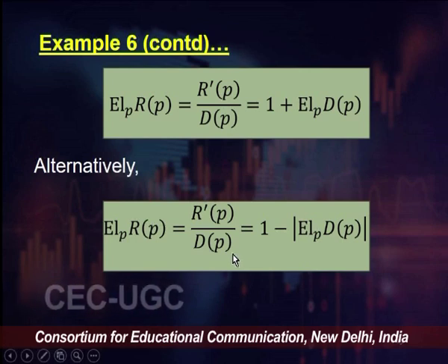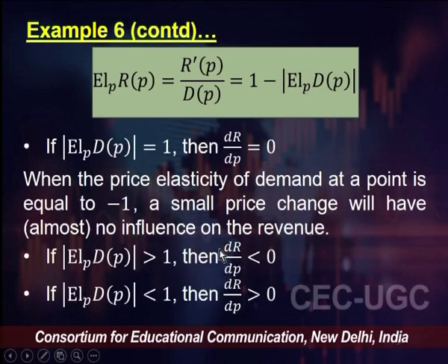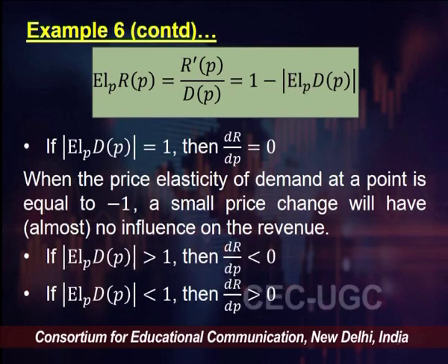This actually helps us arrive at some interesting results, because once I write the elasticity of revenue with respect to price as 1 minus the absolute value of the price elasticity of demand, this lends itself to interesting interpretations. You can even do it with numerical values, but with the absolute values the interpretations are easier.